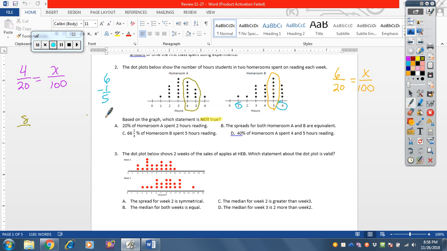Now, I already counted all the dots. I know that's 20 dots. So you're going to have to use this proportion to decide if D is true. Remember, you are looking for the one that is not true. So hopefully 3 are true and 1 is not.